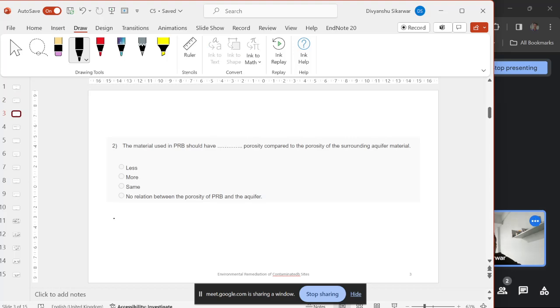The material used in PRB should have dash porosity compared to porosity of the surrounding aquifer material. So, understand the question.